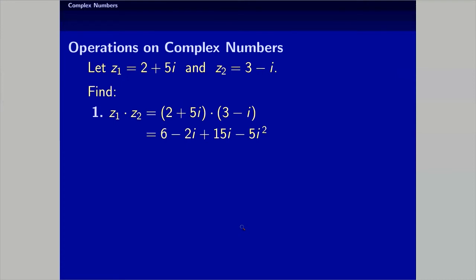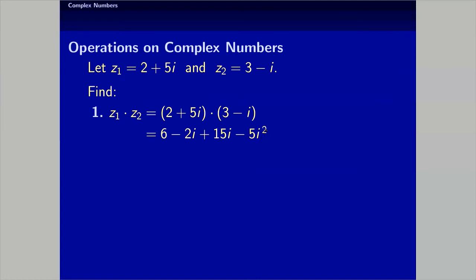You may want to double check. First term, outer, inner, and then this is the last term. Okay, let's simplify further. We combine like terms. So, it's just this. Negative 2i plus 15i, you will get 13i. And then, what else? I squared.